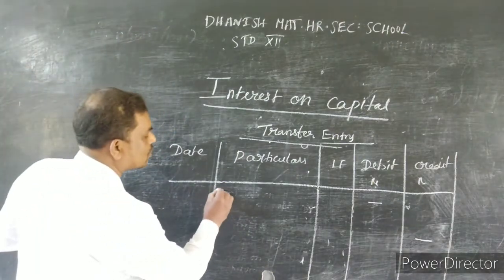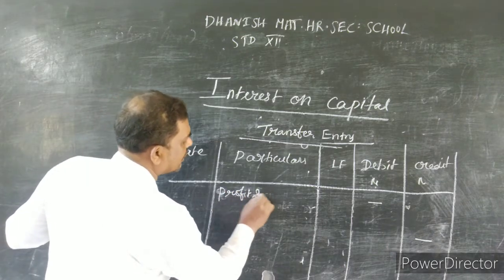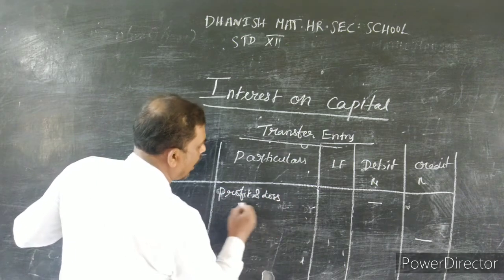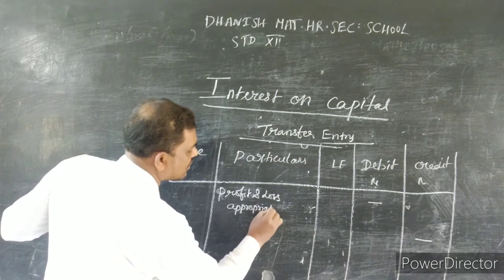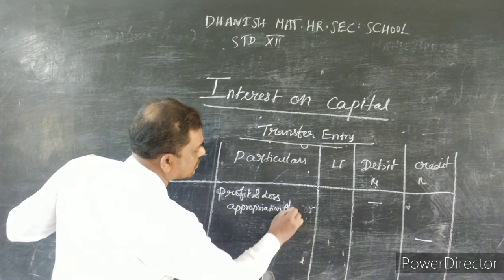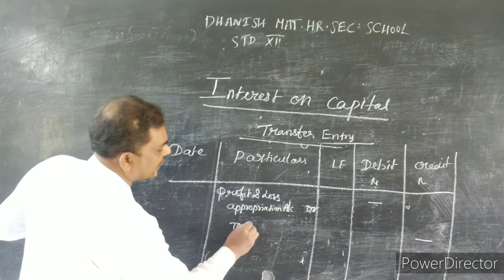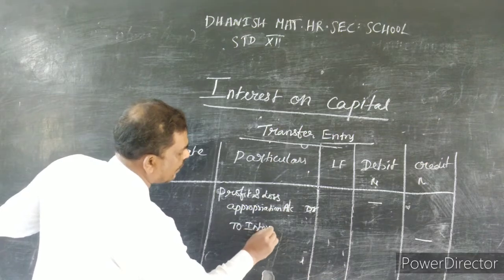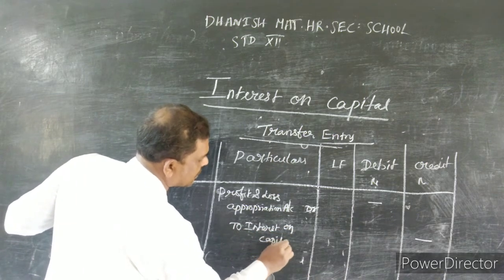So you have to write profit and loss appropriation account debtor to interest on capital.